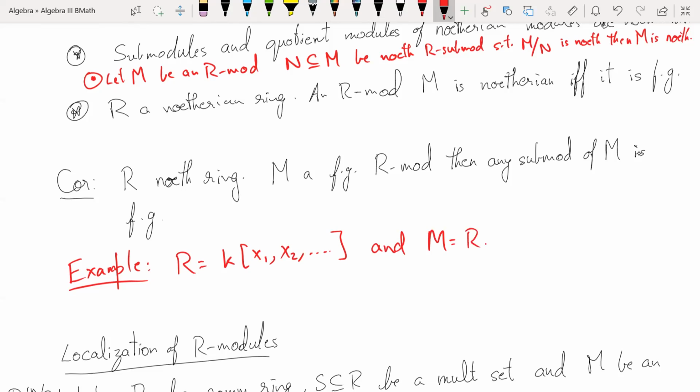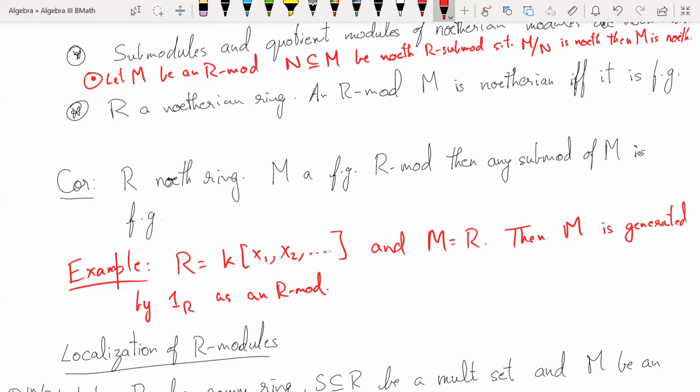M is generated by 1_R as an R module. M is the same as R, right? So every element of M you can write as r times 1_R.